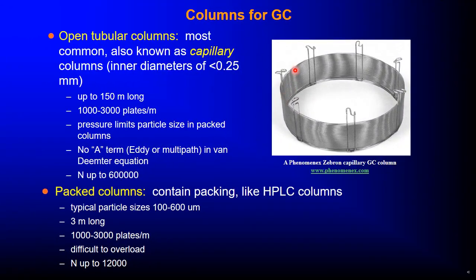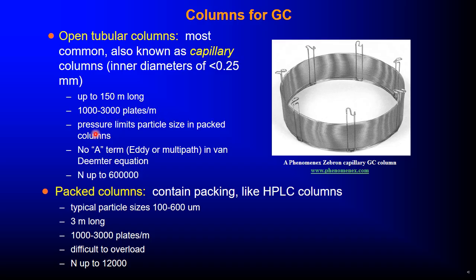Then for columns for gas chromatography, you can see how long they are. The open tubular column is the most common, also known as capillary columns. They are up to 150 meters long, and can contain 1000 to 3000 plates per meter.